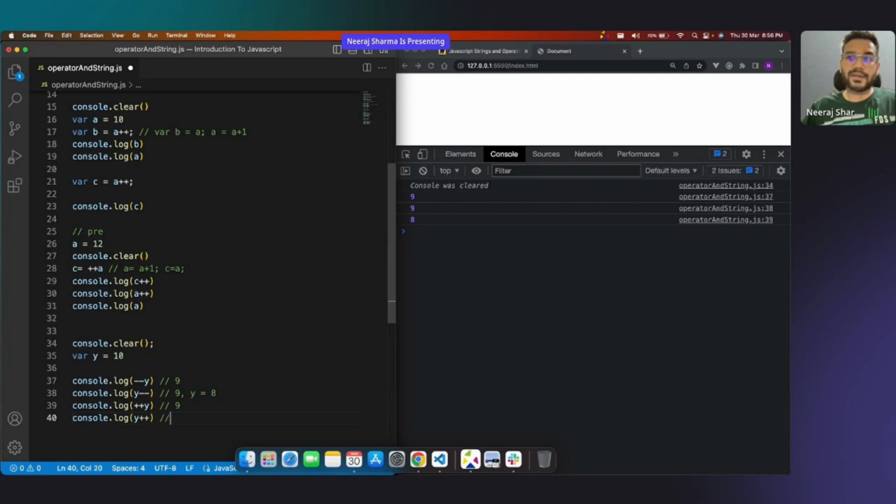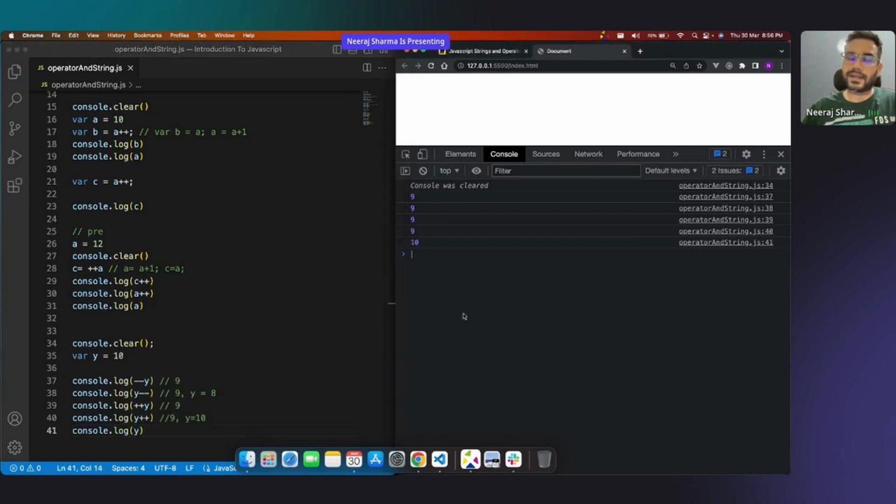Then the value was 9, we did post increment on it. That means first we took 9 but incremented y to 10, right? So if I save this, what did we get? All 9s. And then if I print console.log y, that will be 10.